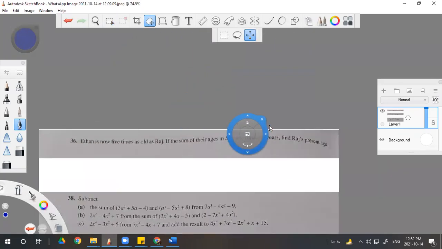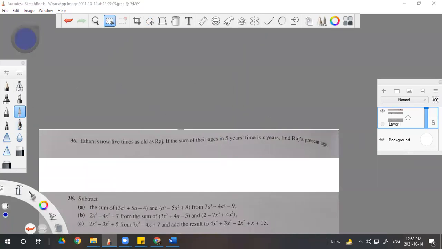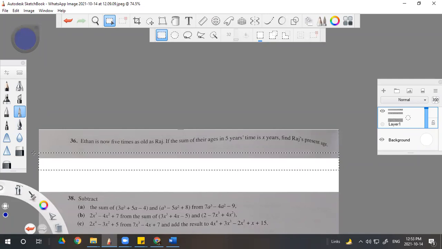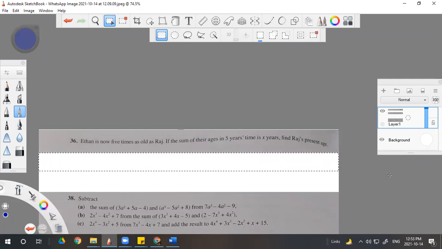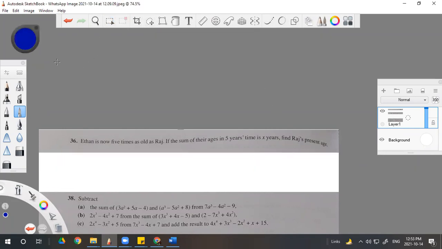Okay, now. Ethan is now 5 times as old as Raj. If the sum of their ages in 5 years time is X years, find Raj's present age. Apa ini soal? Ethan berapa? 5 times Raj, right? So Ethan is 5R.